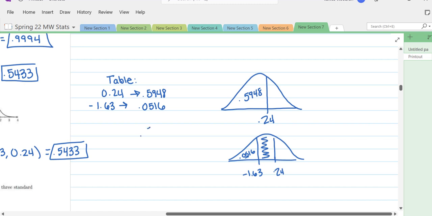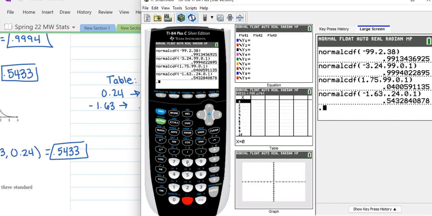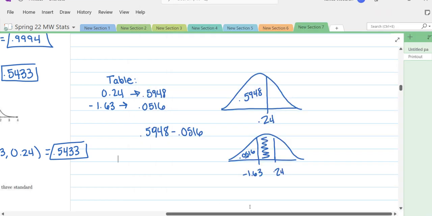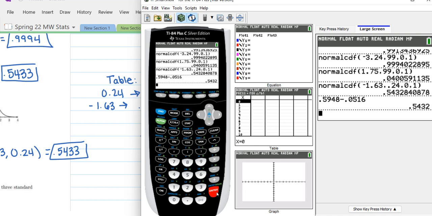So we do 0.5948 minus 0.0516. And that will also give you 0.5432. So you can do that using the table as well.